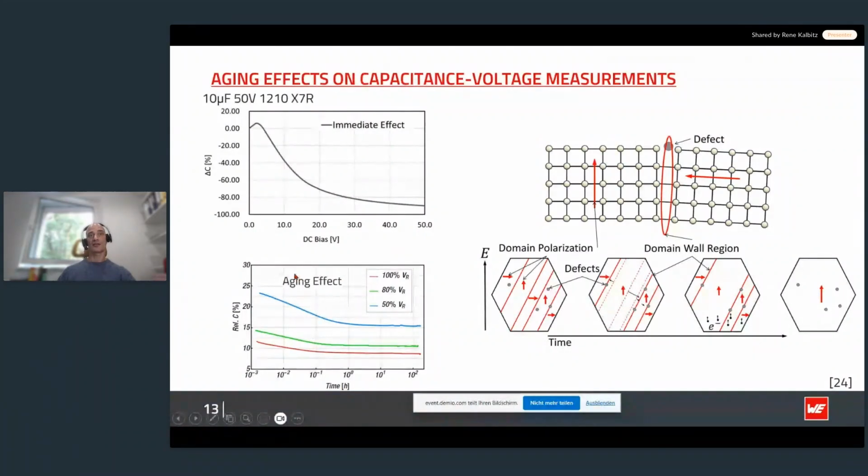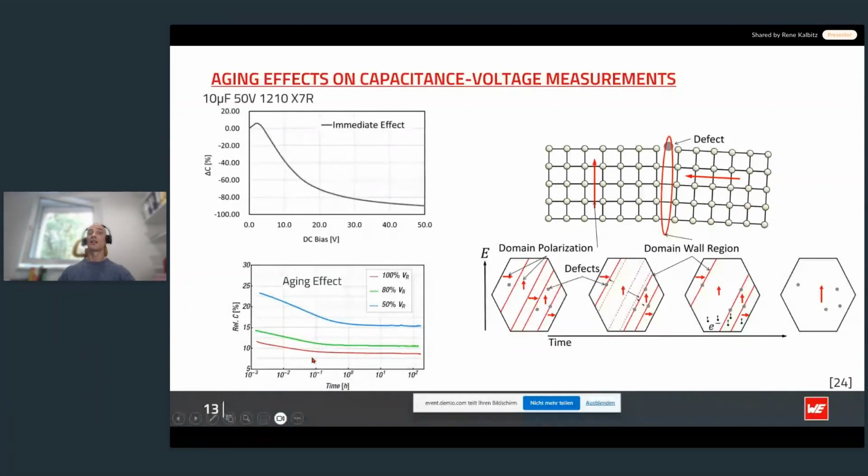At lower fields, the material is not in its final polarization state, hence we see a larger decline over time. At high fields, on the other side, you have a nearly full instant polarization, and thus you see only a smaller decline over time in those measurements here.